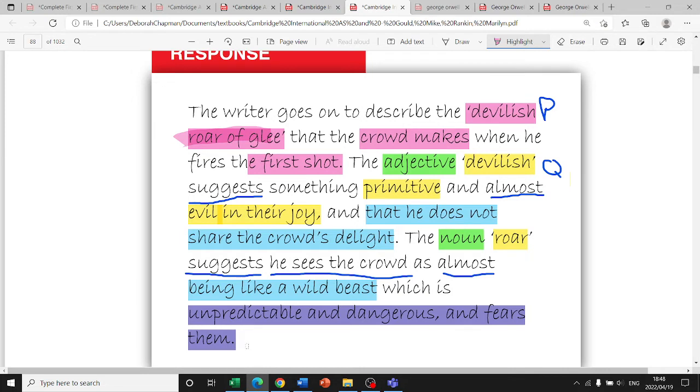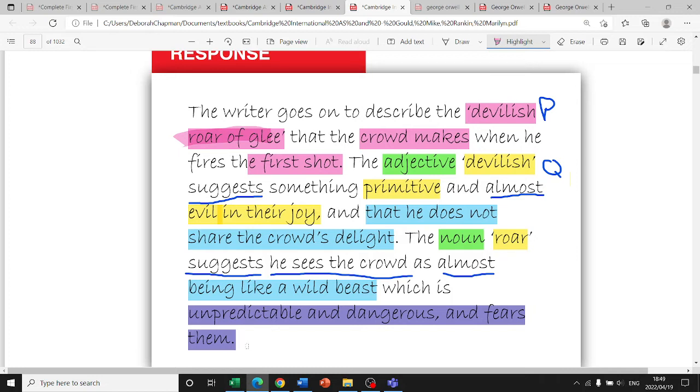So that is the interpretation. That is where the interpretation comes in. I want you to think of it almost as if it's kind of like an explicit and an implicit understanding. The explicit is I'm explaining what I think the writer meant by the phrase devilish roar of glee that the crowd makes when he fires the first shot.